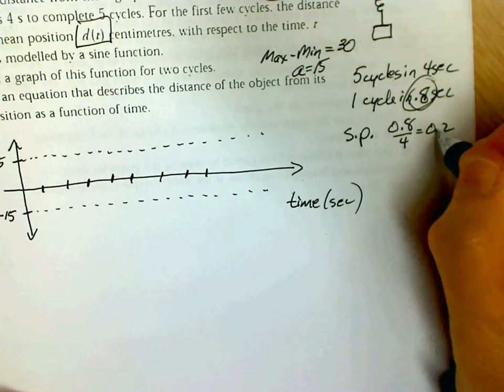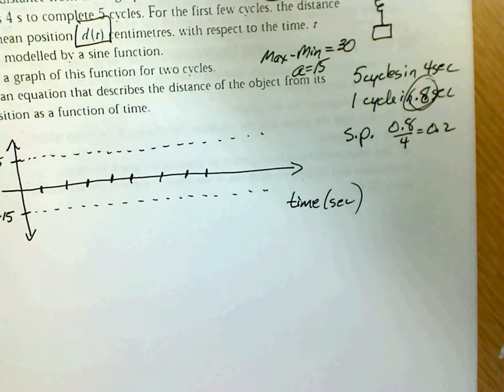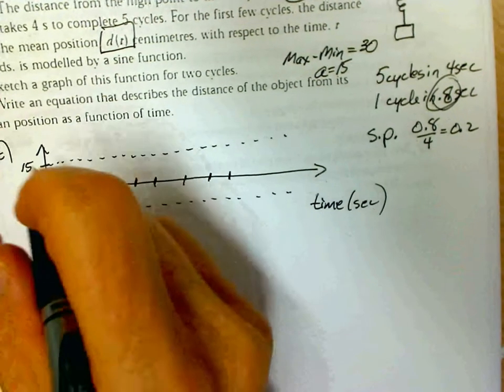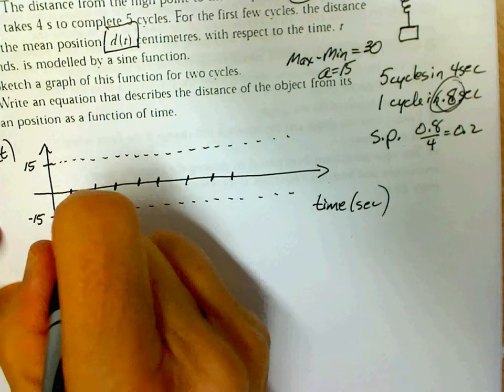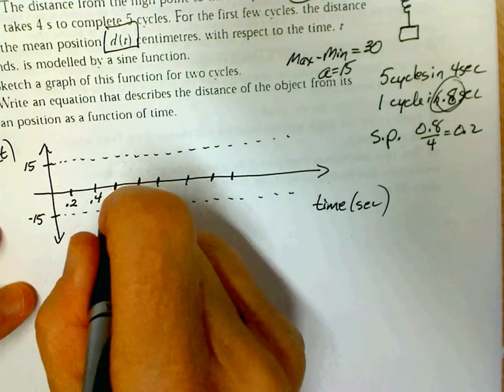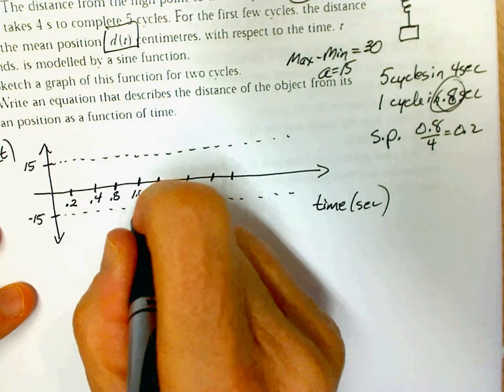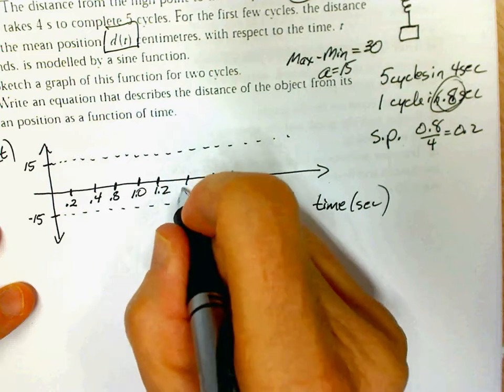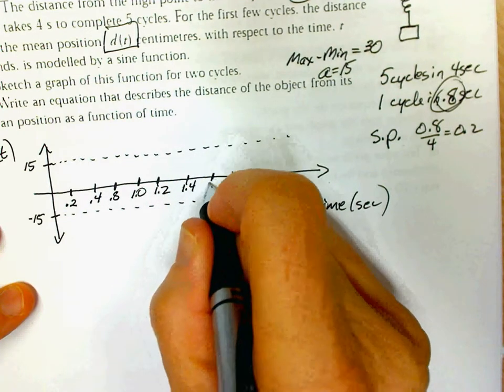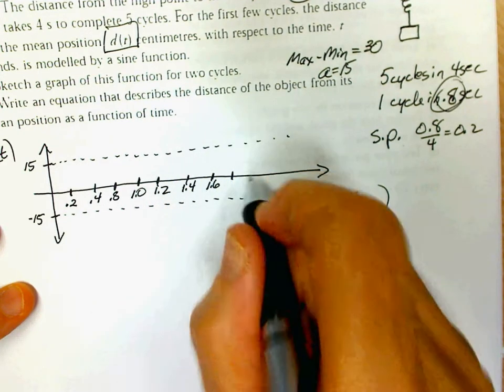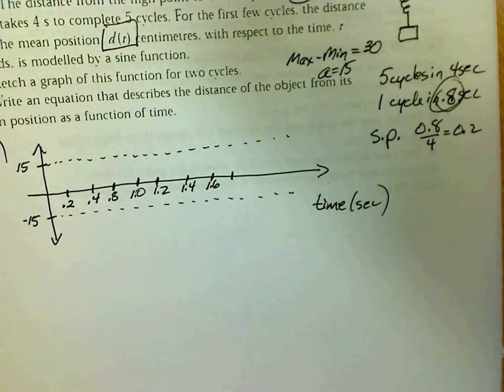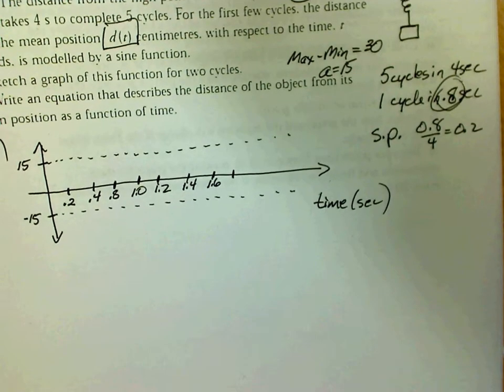Okay? So this is going to be 0.2, 0.4, 0.8, 1.0, 1.2, 1.4, 1.6. They just want 2 cycles. So we can lay it out as usual. Up.